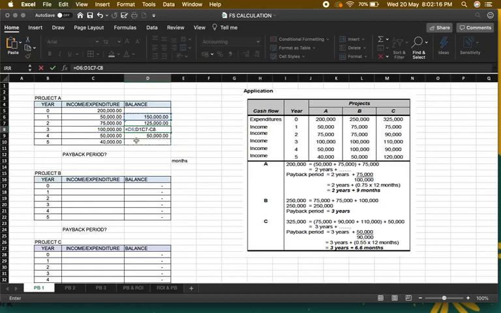So again 200 minus 50, balance 150, minus 75, balance 75, then minus 100 again.